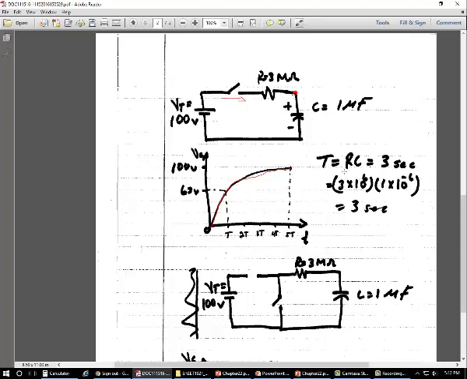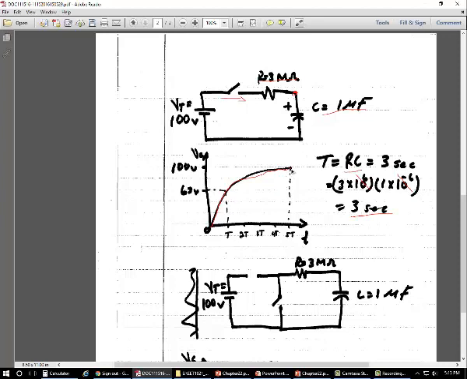In this case, the time constant will be the resistance times the capacitance. The resistance here is 3 megaohms, and the capacitance is 1 microfarad. So 3 megaohms is 3 times 10 to the 6, and 1 microfarad is 1 times 10 to the minus 6. The plus 6 and the minus 6 cancel, and 3 times 1 equals 3, so it will take 3 seconds before this capacitor is charged to 100 volts.